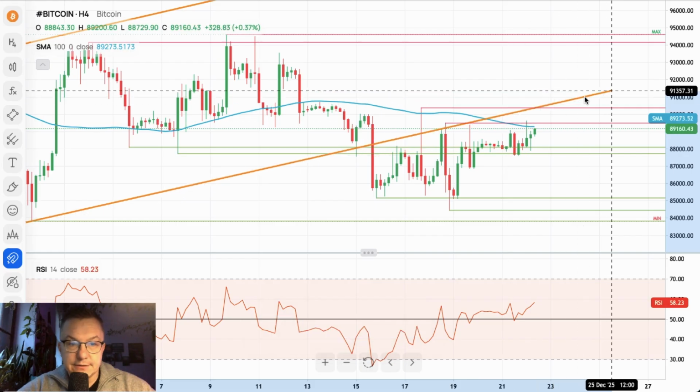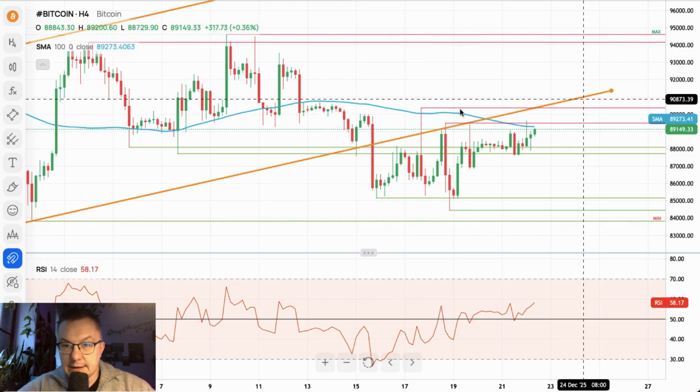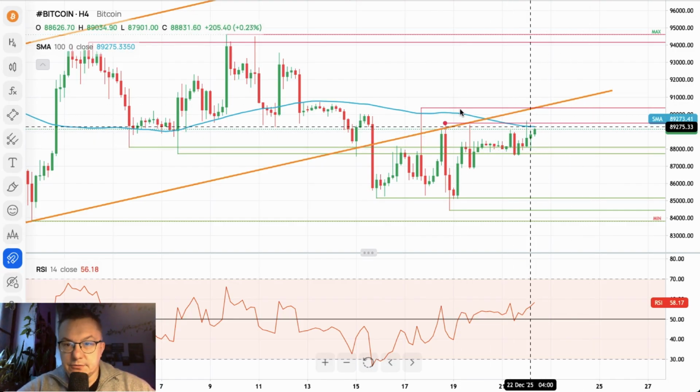Let me just extend this line here. There you go. If you want to go back inside of the channel, that's exactly the obstacle. Nevertheless, it's still possible for Bitcoin to return.